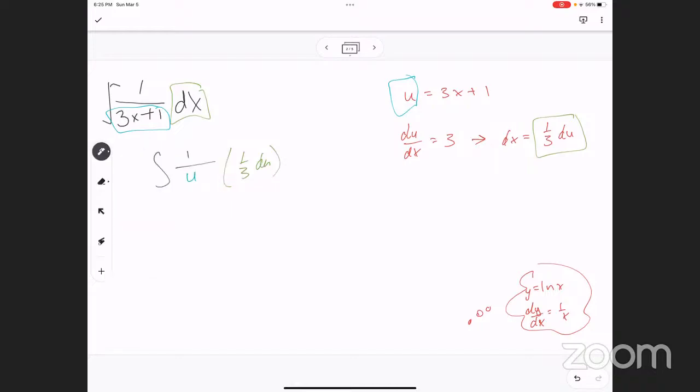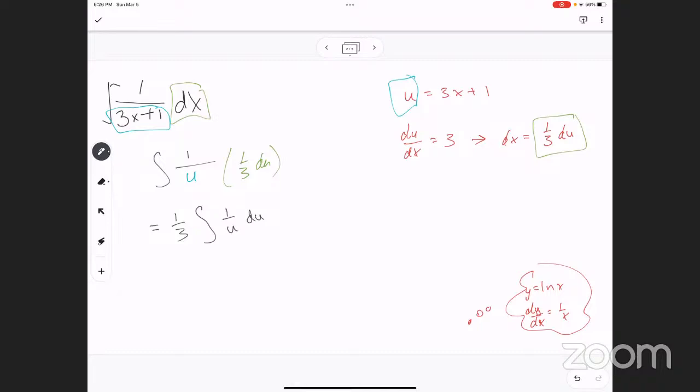If I pull that 1/3 out, because it's a scalar, just a number, I will have 1/u du. Does that make sense how I did that?